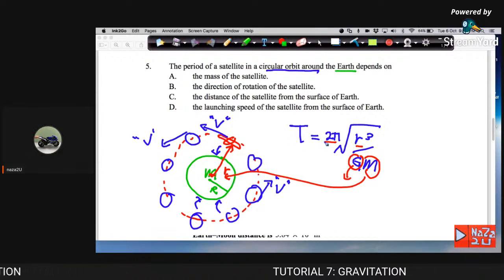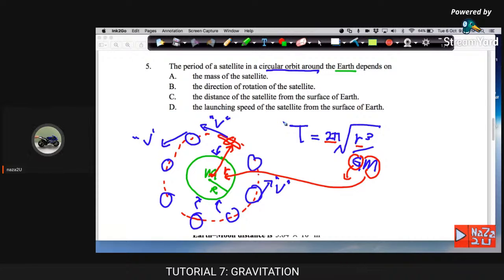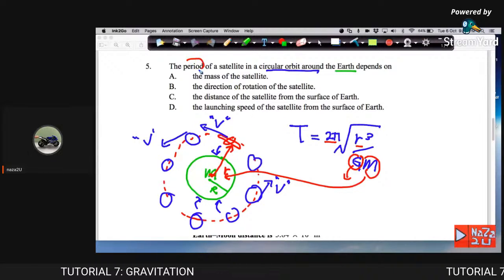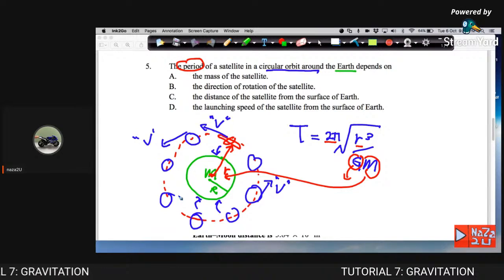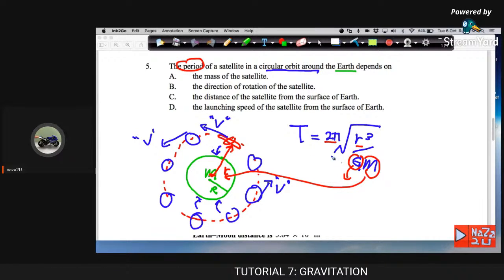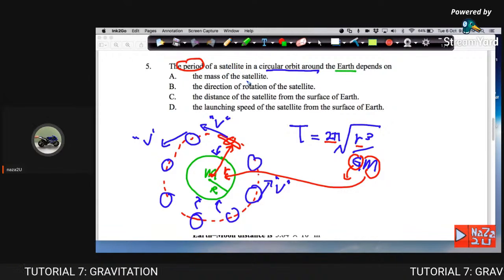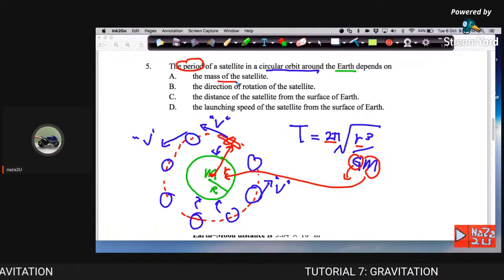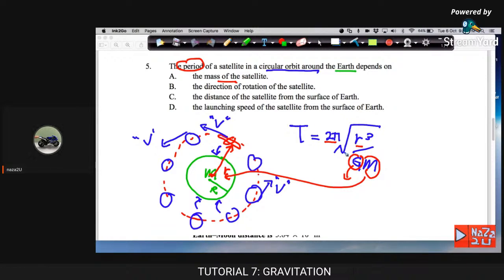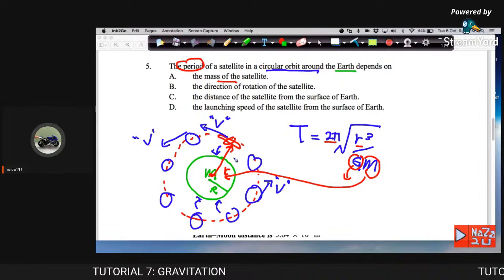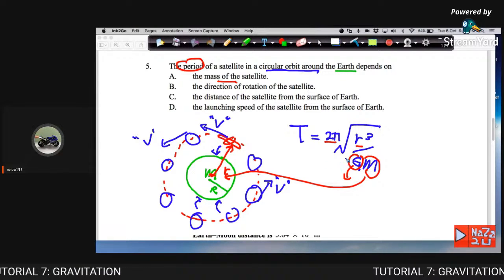So this is the equation how you can find the value of the period of the satellite. Masa untuk membuat satu pusingan. So if you look at the equation here, does the period depend on the mass of the satellite? Mass, no, this is mass of the Earth, not mass of the satellite.